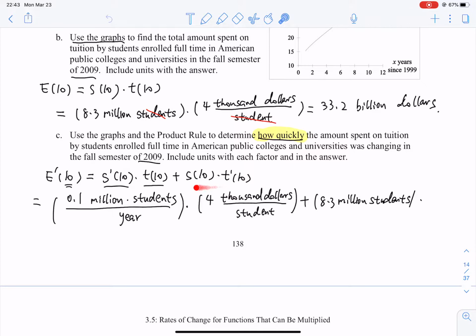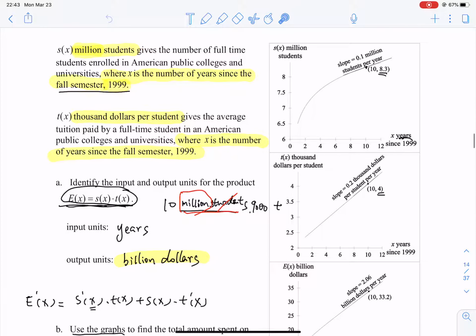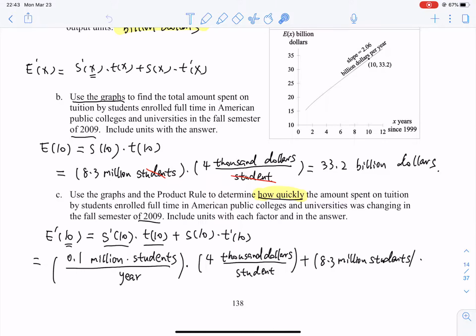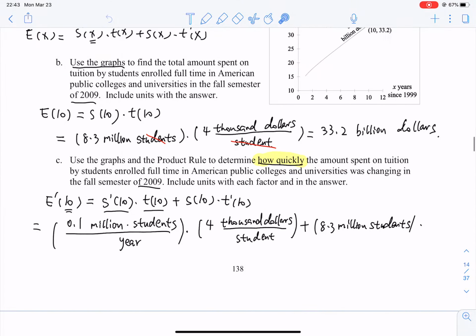T prime of 10. For T prime of 10, we still use the same idea, just use this term. 0.2,000 students per year. We don't have enough space, so let's move it to the next line.